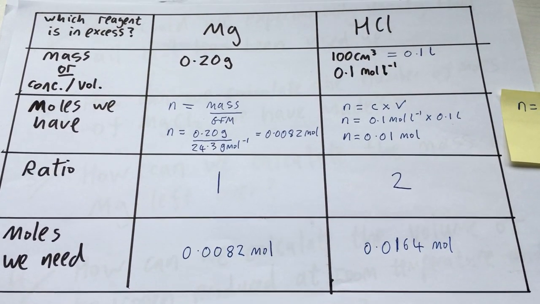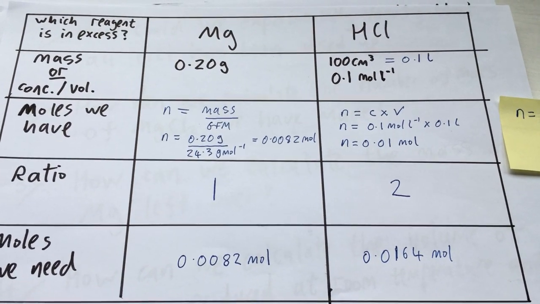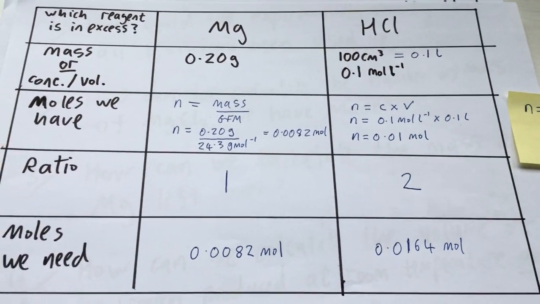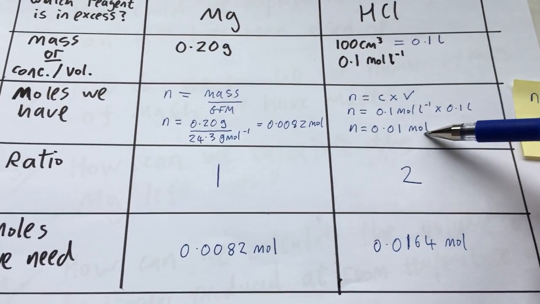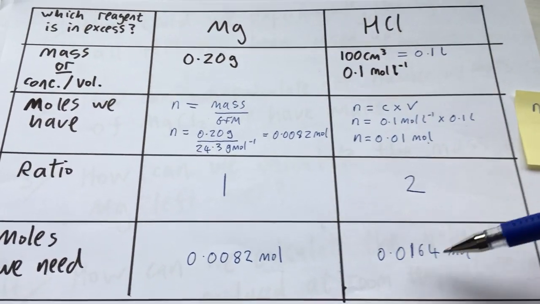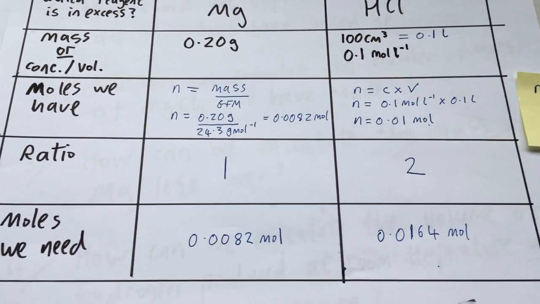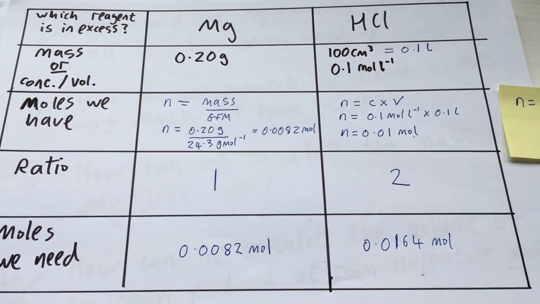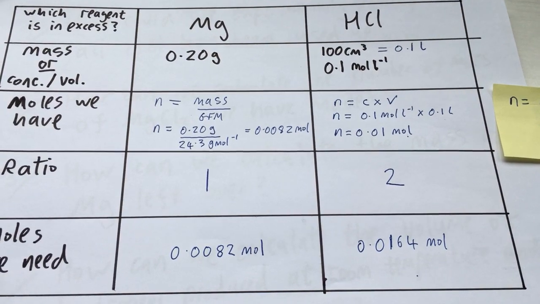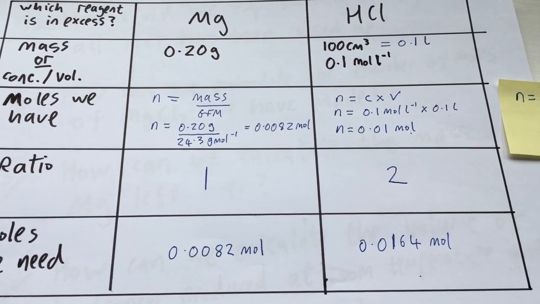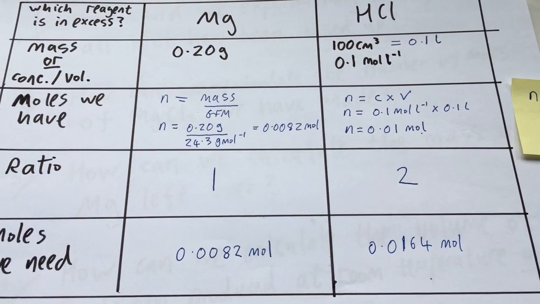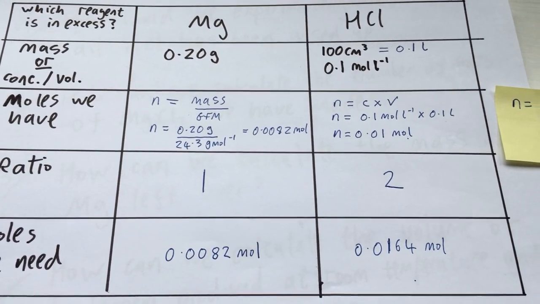Now we just have one final step, which is to compare the number of moles that we have with the number of moles that we need to react completely with the magnesium. Let's think about that. We have less hydrochloric acid than we need.